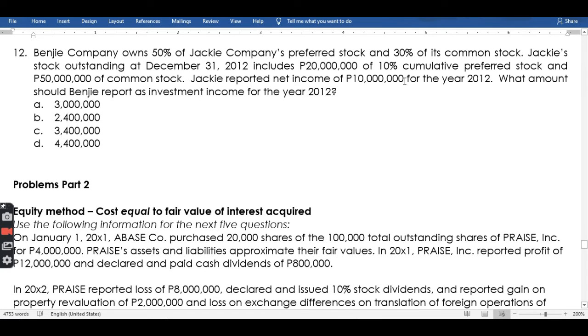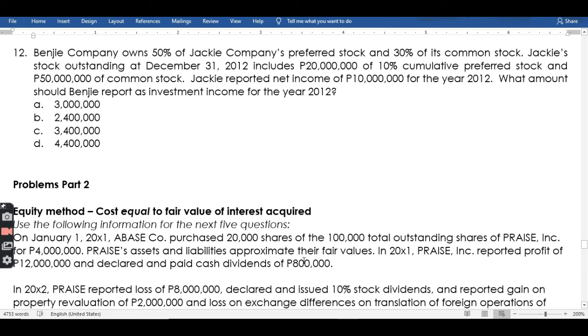Okay? Para makuha muna natin yung net income attributable to our common shares. Tapos kukunin natin yung 50% doon. Take note, 50% yan. So, hindi pa rin natin pwedeng sabihin na subsidiary, ha? Okay? Sorry. Kasi kung yan preferred stock yan, ha? Okay? 30% lang yung ownership natin sa common stock.